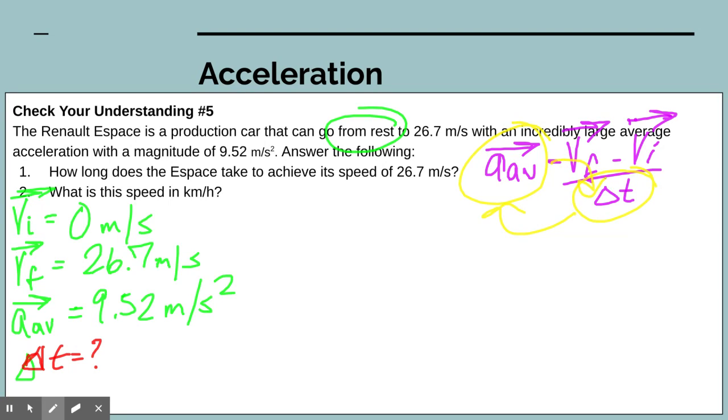We know we can do that because we are intelligent individuals. So let's just do that. So we should get this. Since we're trying to solve for delta t, we'll have our final velocity minus our initial velocity over average acceleration.